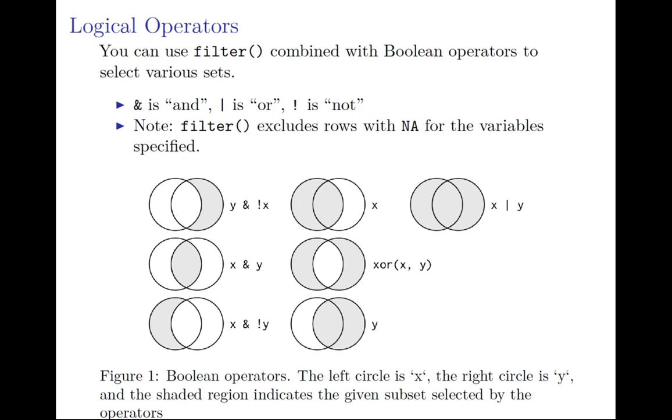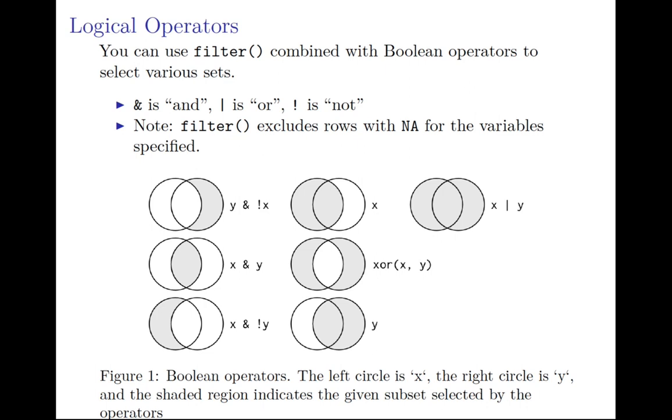And so another thing that you'll use pretty commonly with filter and other transformation functions is our Boolean operators, and this helps you select various sets. So in these Boolean operators, the ampersand symbol is and, the pipe stands for or, and the exclamation point stands for not.